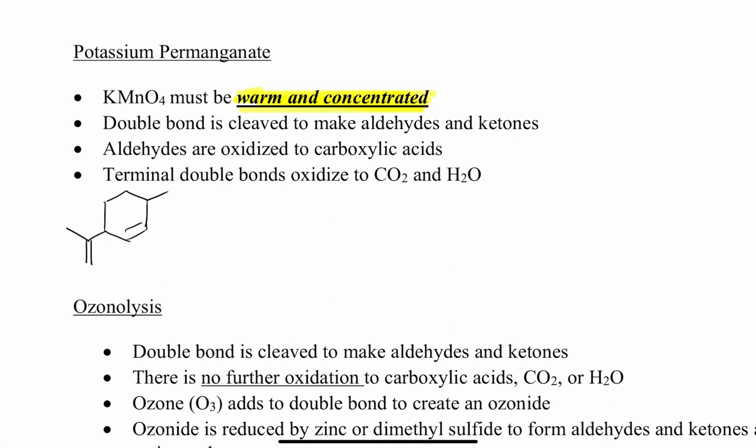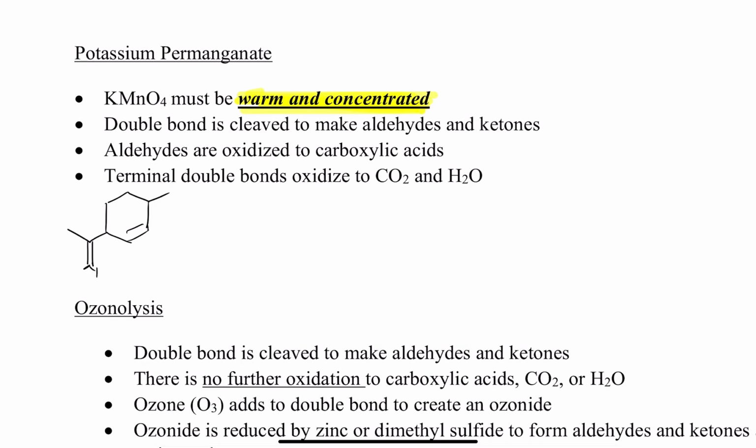So now I have 2 double bonds that I need to cleave. I have a double bond that's within this ring, and then I have this terminal double bond right here, right? Because this is just a CH2.